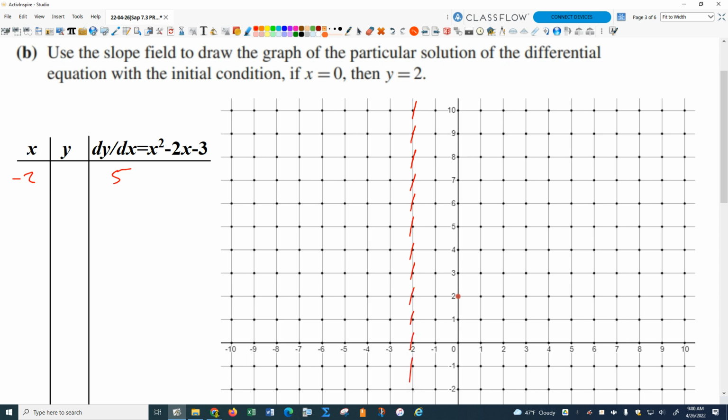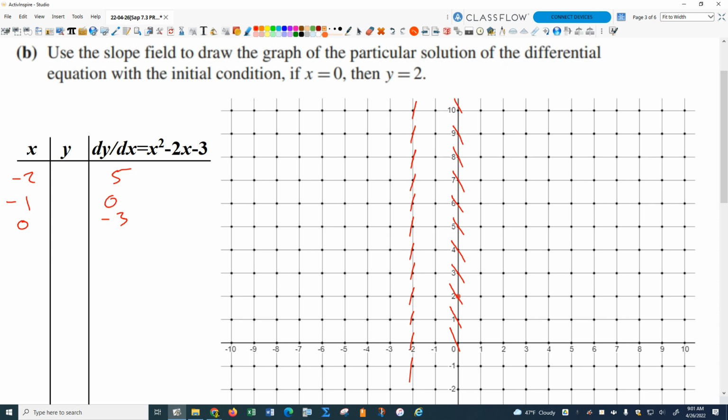If I pick 0, I'm getting -3. So at 0, I've got stuff that's not quite as steep, but negative. What about at -1? At -1, I'm getting 0. Everybody see that? 1 plus 2 minus 3.